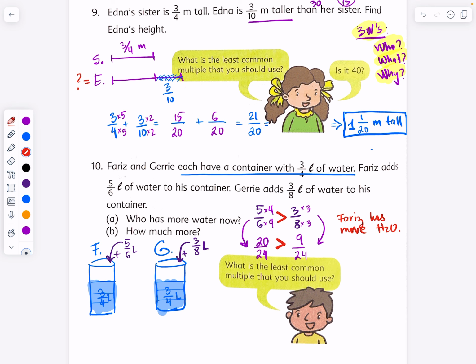So I would say to answer that second question, so this was part A, and part B, how much more does Fariz have? Let's find the difference. So Fariz added 20 out of 24, and Gary added 9 out of 24. So how much more does Fariz have now?